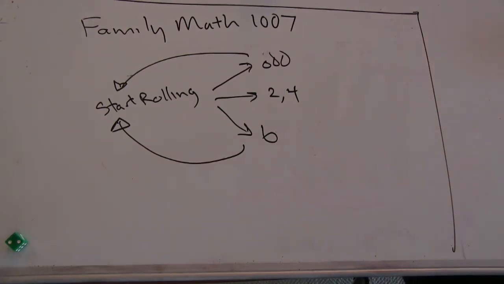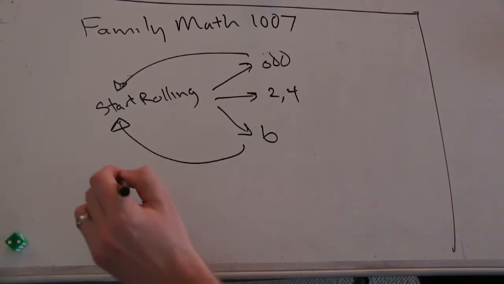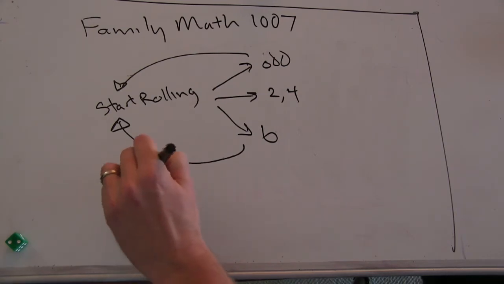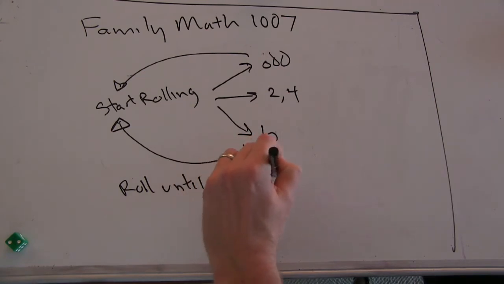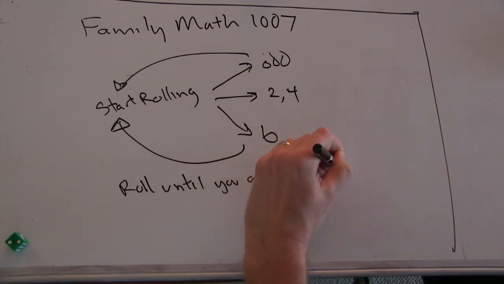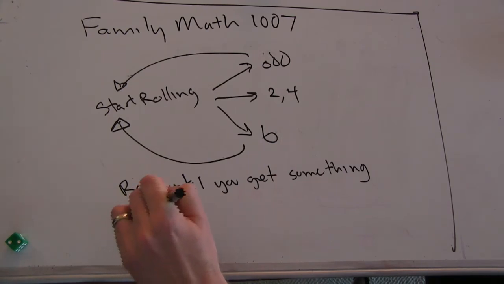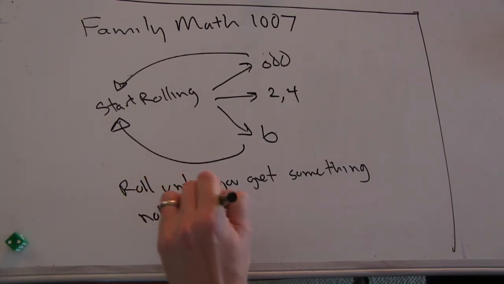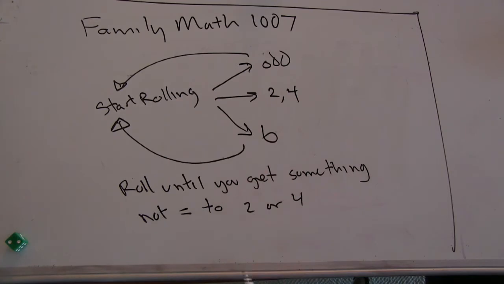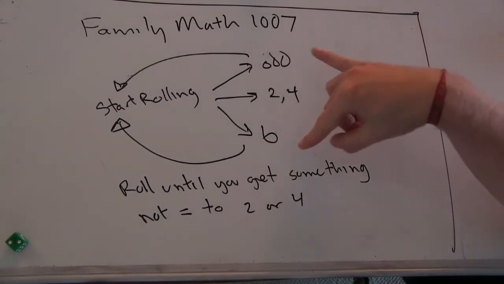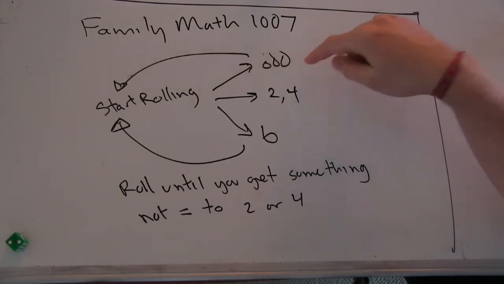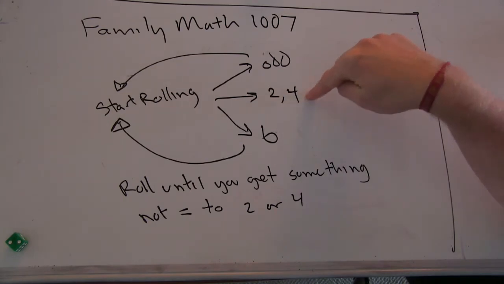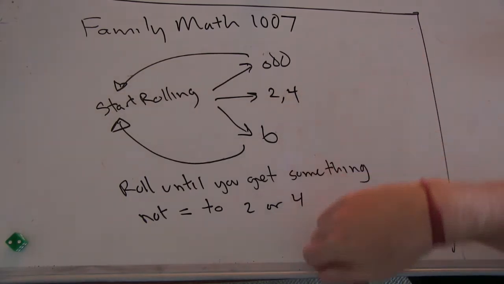So the blog post says reformulate the question to be roll until you get something different, not equal to 2 or 4. So it's basically saying that the 6 and the odd numbers are doing the same thing in all your trials.